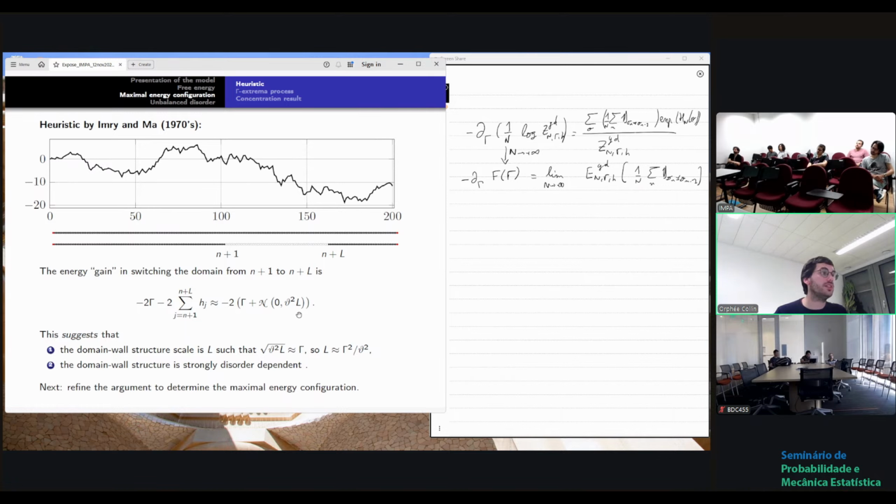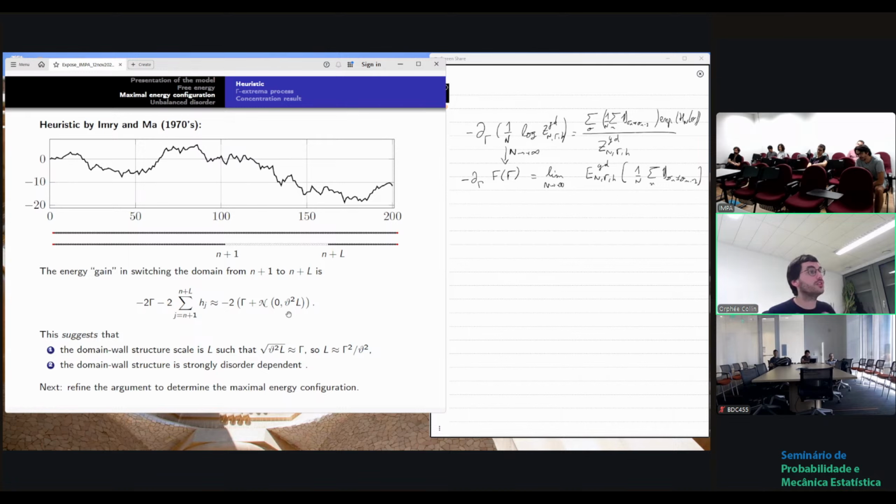So if capital L is large, this sum is approximately distributed as a Gaussian variable with variance theta squared times capital L. And for this switch to be interesting, the overall gain should be positive. That means this Gaussian variable should be smaller than minus gamma.